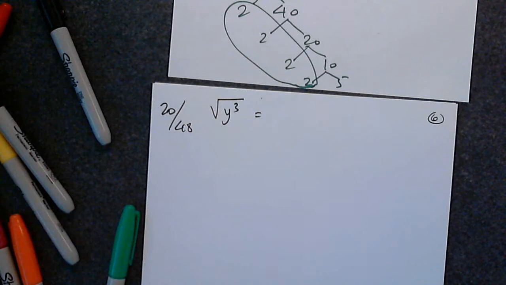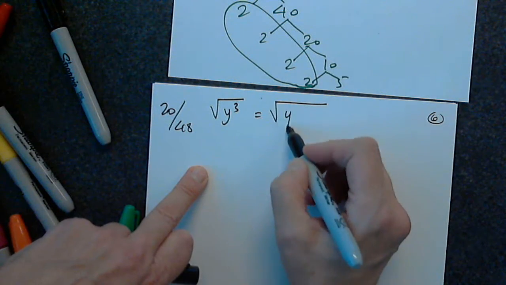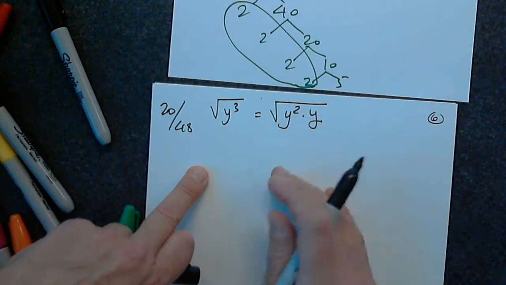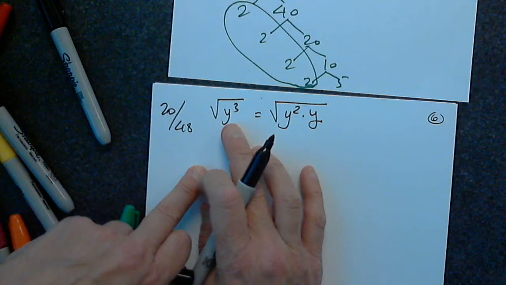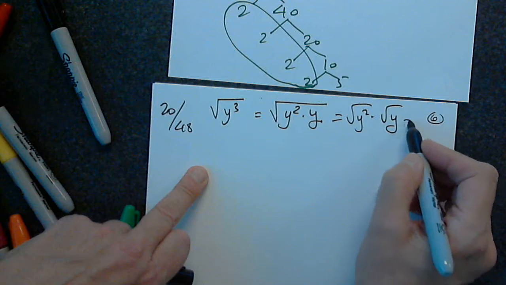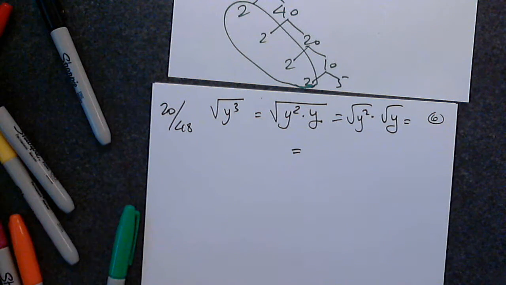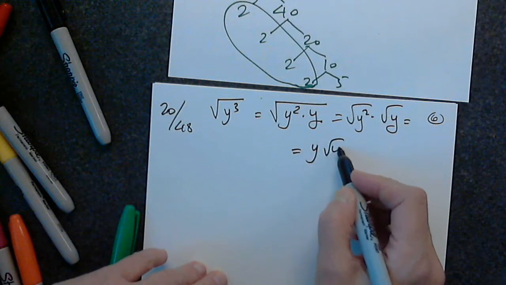The general rule is you're trying to break the number into pieces where at least one factor is a perfect square. Exactly. So the best thing to write is this: copy the base, add the exponents. So now you can write the square root of y squared times the square root of y. And the square root of y squared, since they are telling us that all variables are positive, you will write y the square root of y.